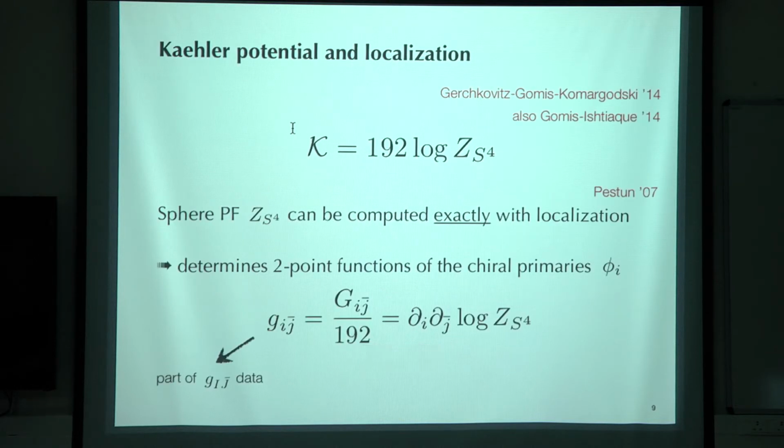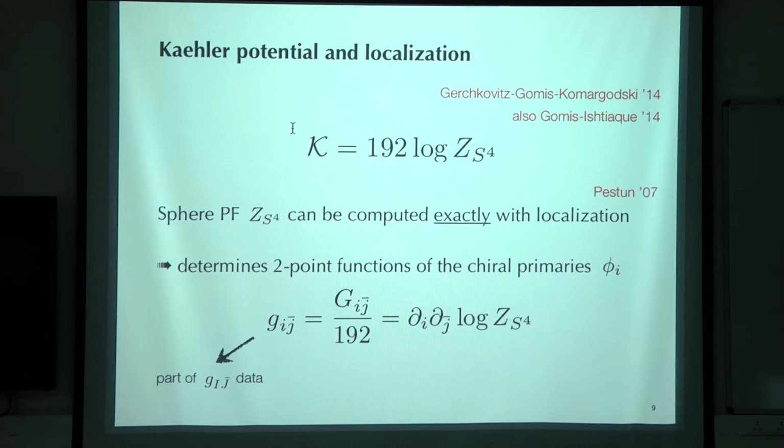Now, one of the recent developments in recent months is a theorem that was put forward and proved by Gerchkovitz, Gomis, and Komargodski, and further elaborated by Jaume. It followed up on previous work, with a similar statement made in 2 dimensions by other people. It states that the exact quantum Kähler potential on the superconformal manifold is essentially given by the logarithm of the S^4 partition function of the theory.